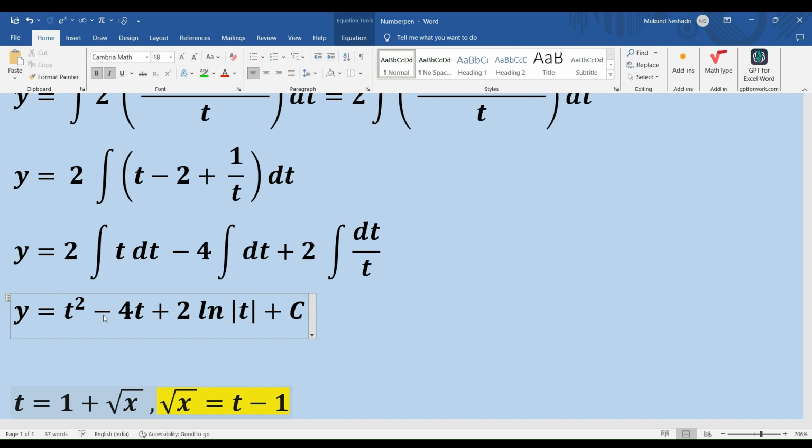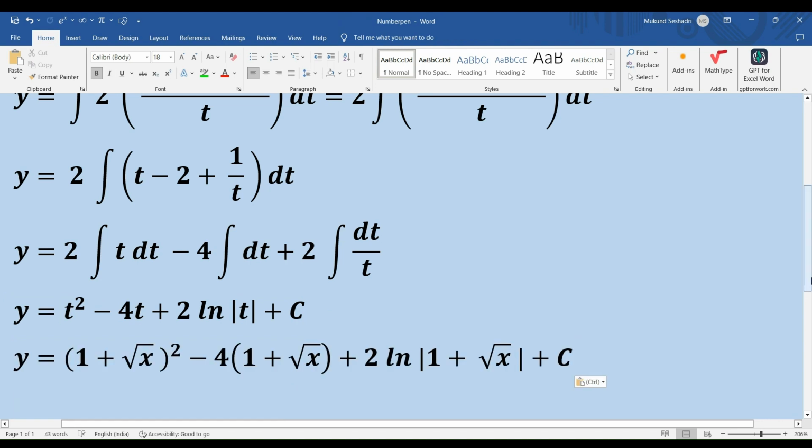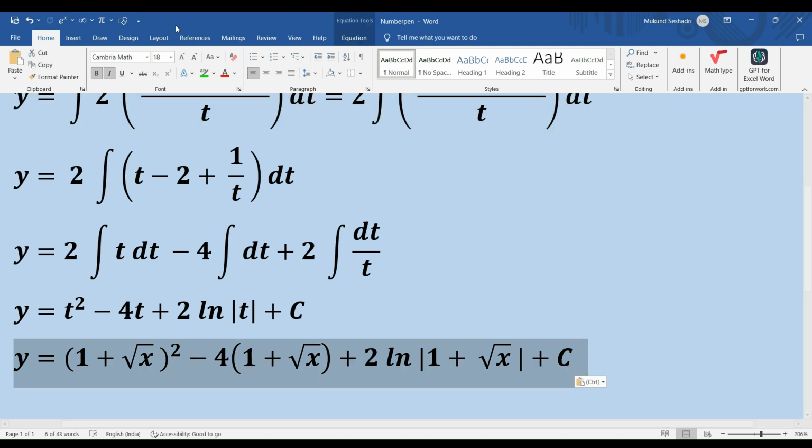So that's the original substitution that I had made. So I put back my t as 1 plus root x to arrive at my final answer. So there we are. That's my y. 1 plus root x the whole square minus 4 times 1 plus root x plus 2 times ln of mod of 1 plus root x plus c, right? Let me highlight my final answer in pink.